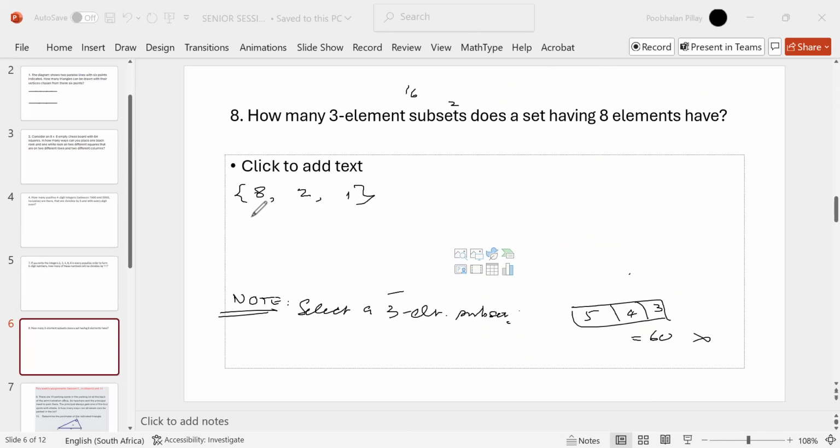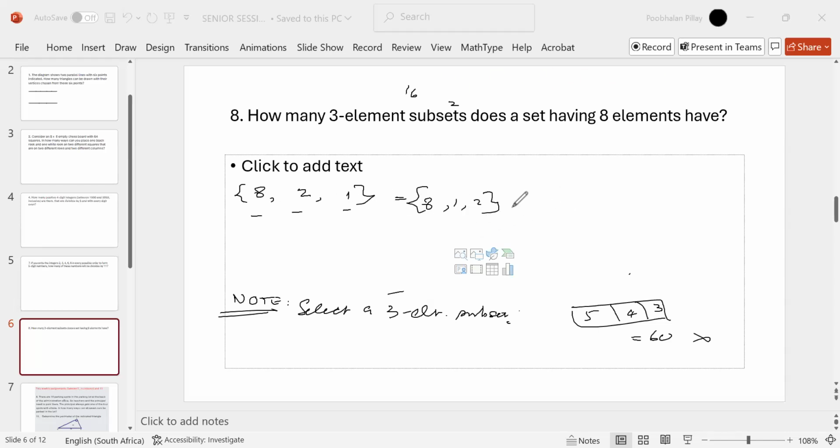Right? First element is 8, second is 2, third is 1. The problem is that this set here is the same as this. It's the same set. But we are counting this thing again in this count here. Right? This is where the first element is 8 and the second element is 1. Here the first element is 8 and the second element is 2. But we have counted this thing when we're not supposed to count it because it's the same set.